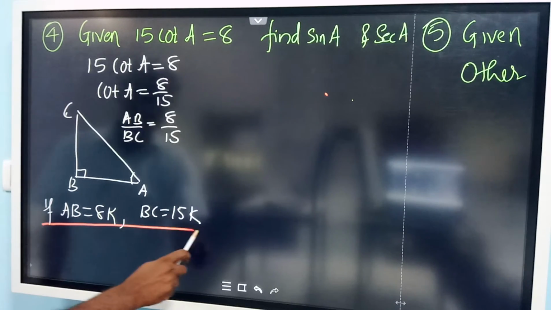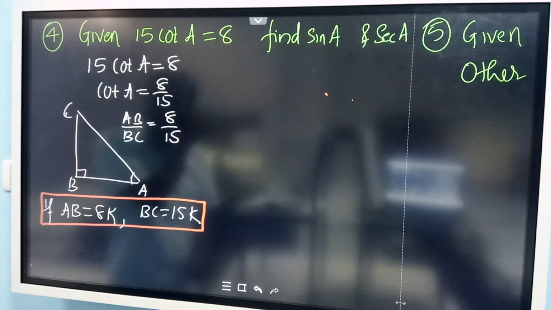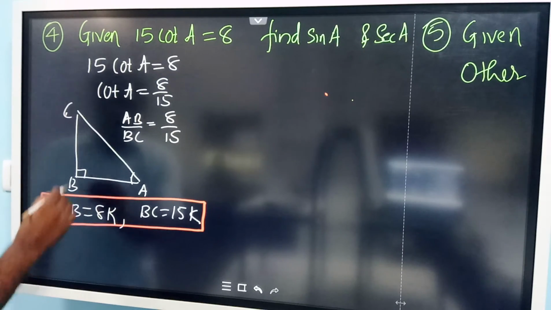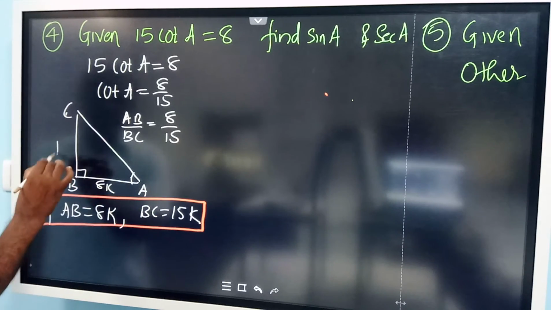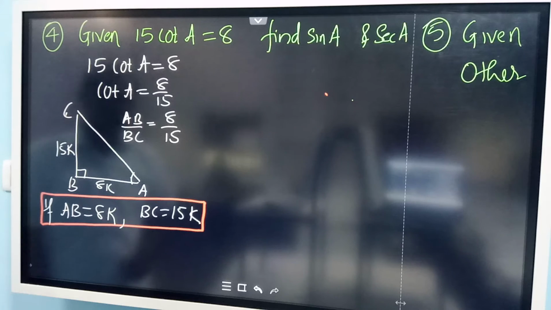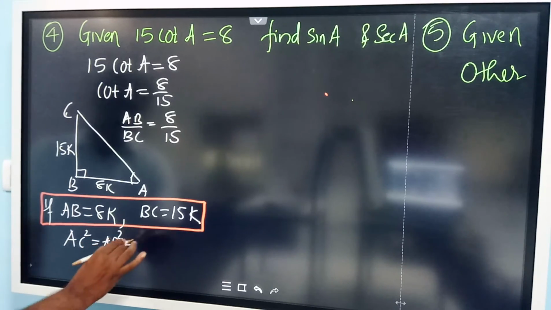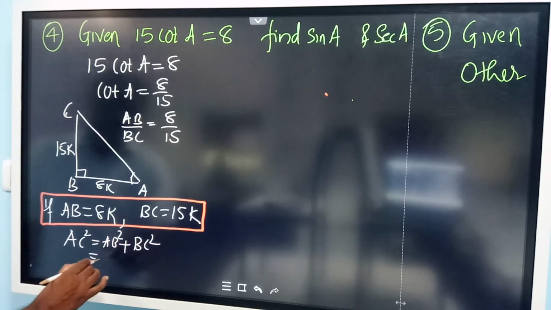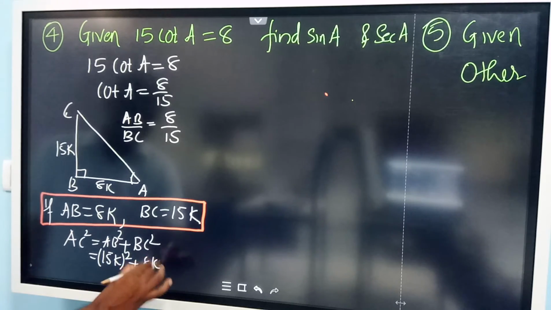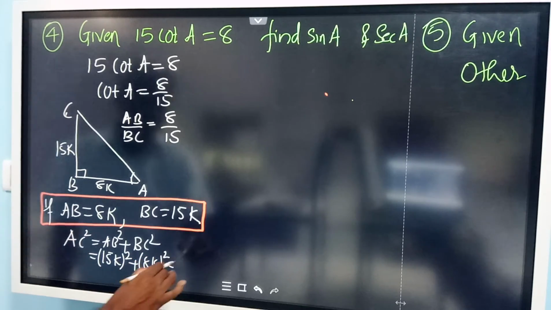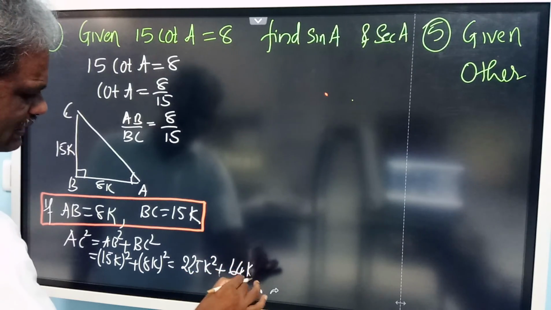This is the value you will get from the ratio. Use Pythagoras theorem. You got AB is equal to 8K, BC is equal to 15K. Find out the hypotenuse. So AC square is equal to AB square plus BC square. That is 15K whole square plus 8K whole square. 15K whole square means 225K square plus 64K square.